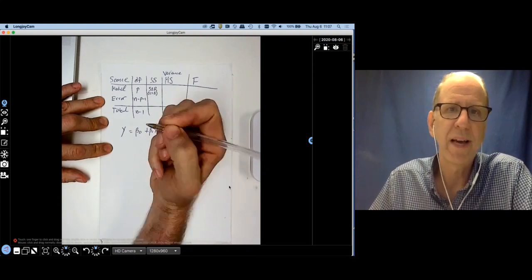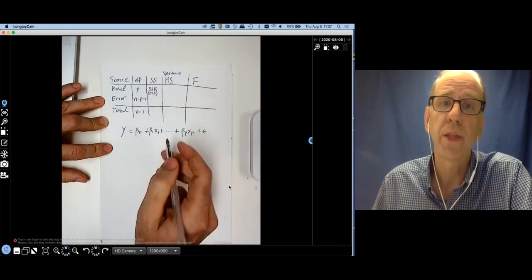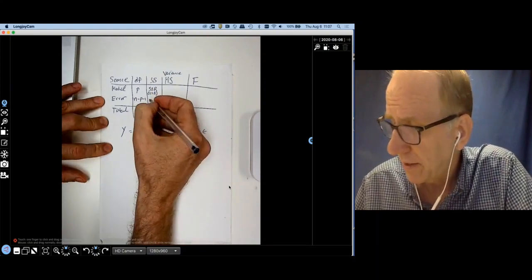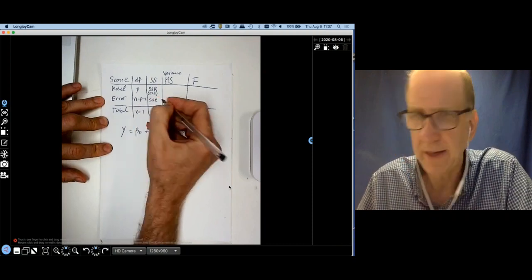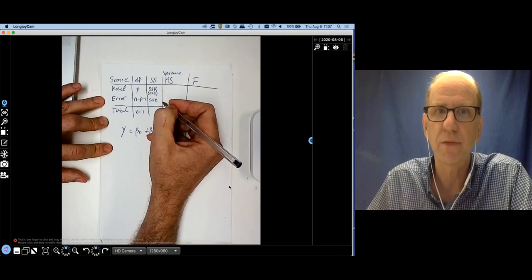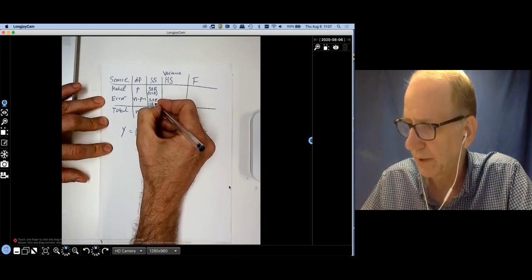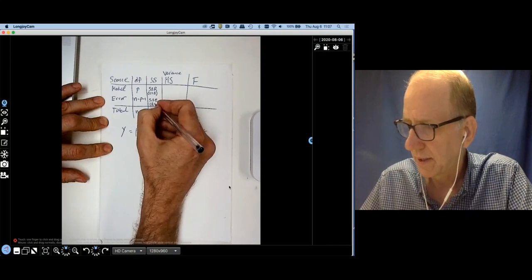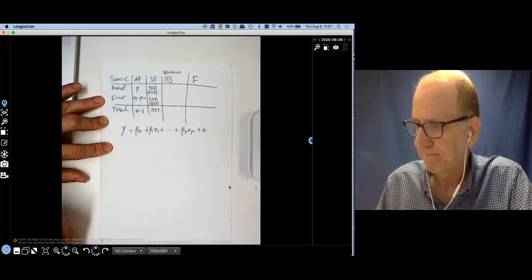So we would call it that if we were doing an ANOVA or a cluster analysis for that matter. And then the error sums of squares would be SSE. In the last class, when we used the Hastie book, it was RSS for residual sums of squares. That's the same thing. I can put that in here if you want, RSS. And then this is SST.